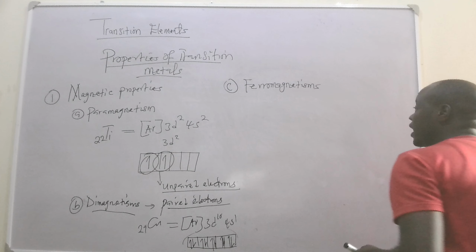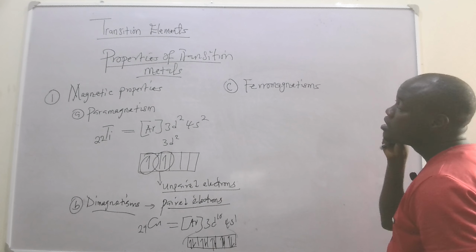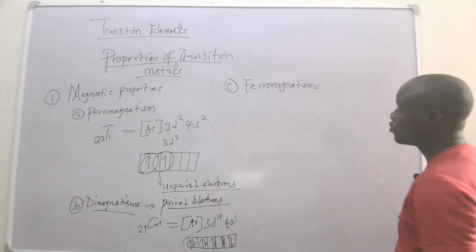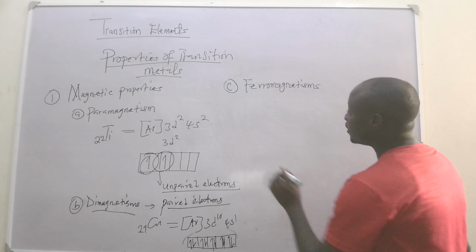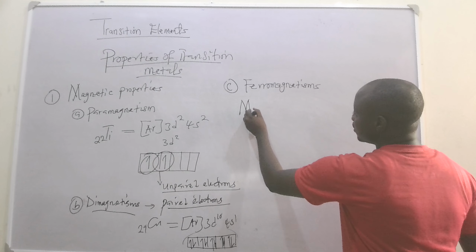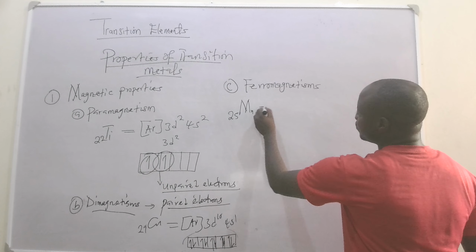For example, we can take manganese, atomic number 25.